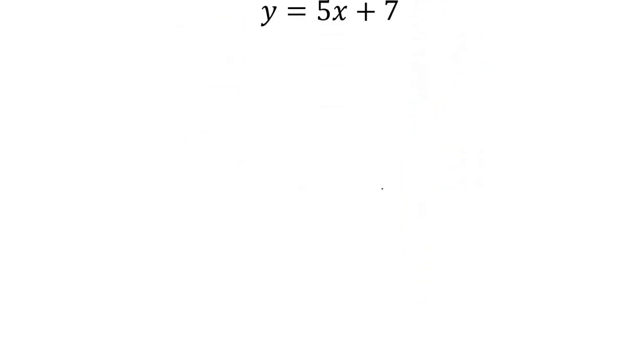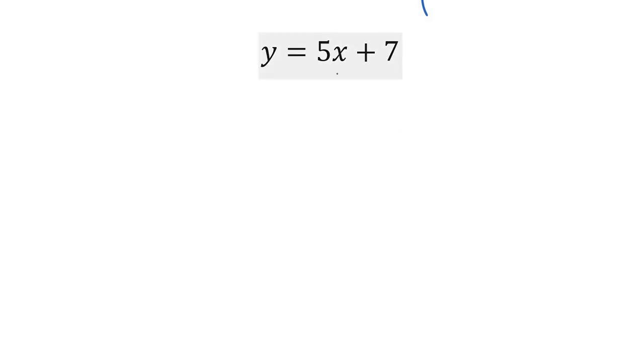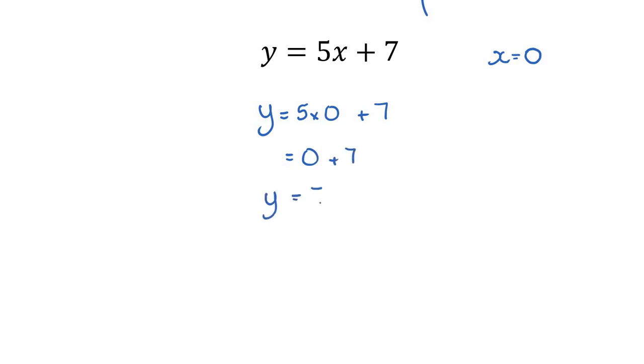Now I've given an example where I've just given you the equation and I'm asking what the y-intercept is. I've got y equals 5x plus 7. Remember, the y-intercept occurs when x equals 0, so let's see what happens if I substitute x equals 0 into the equation. I've got y equals 5 times 0 plus 7. 5 times 0 is 0, so I've got 0 plus 7. So y equals 7.